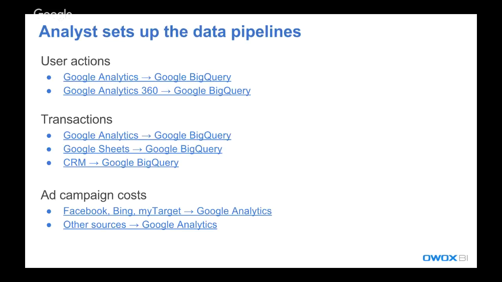For example, it is possible to set up automatic export from Facebook, Bing, MyTarget, and several other systems to Google Analytics, and furthermore to BigQuery. And if some of the sources that you use to attract customers to your platforms are not in this list, then you can use the API to send any kind of source to Google Analytics.